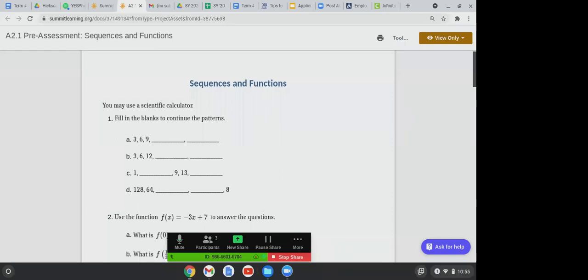So again, what is the pattern? What is happening? It has to be the same operation as you move from the first term to the second term to the third term, and derive the other 2 terms. So that's what you had to do in number 1, and that's where we're going to begin.